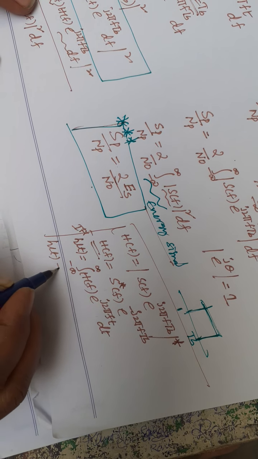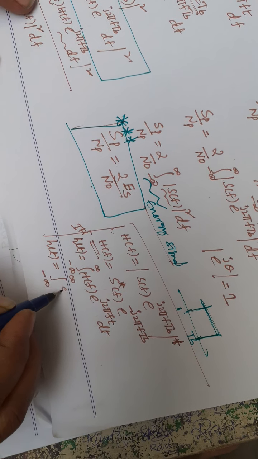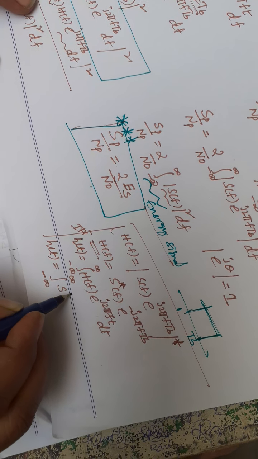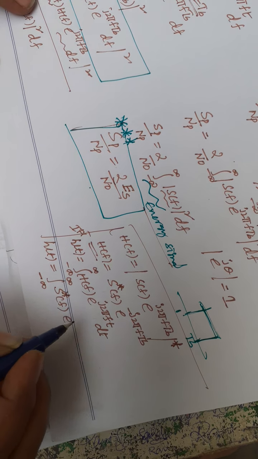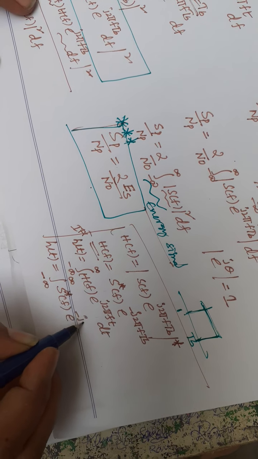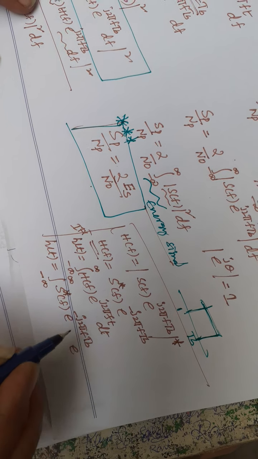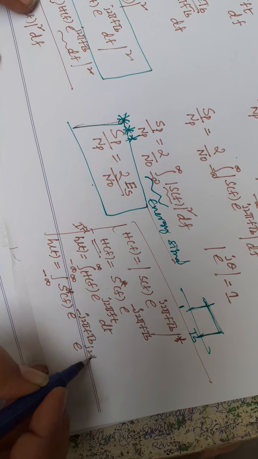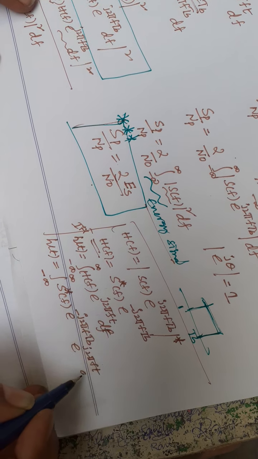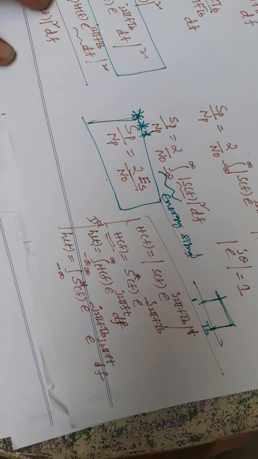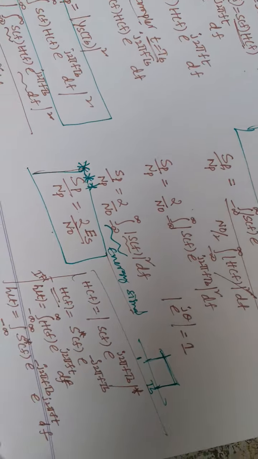h(t) is equal to the integral from minus infinity to infinity of S(f) e^(-j2πf tb) e^(j2πf t) df.